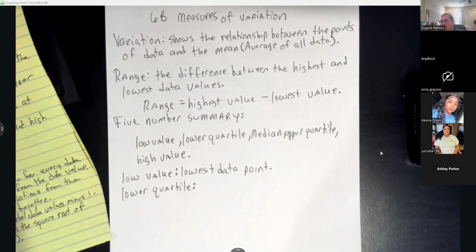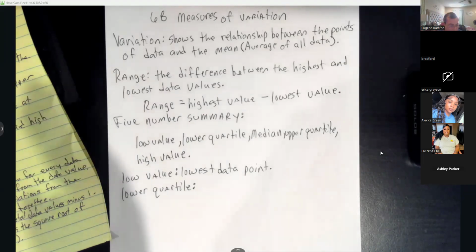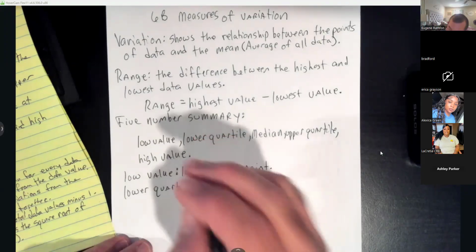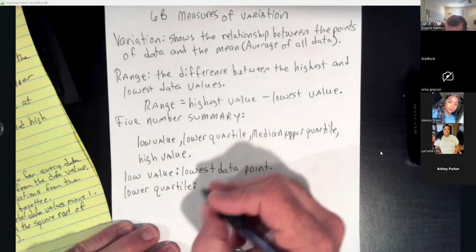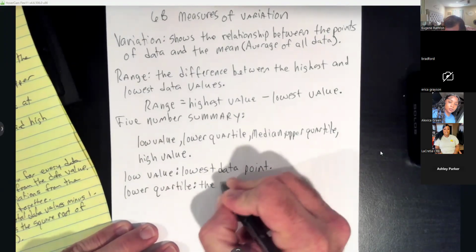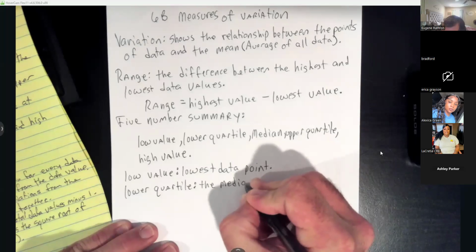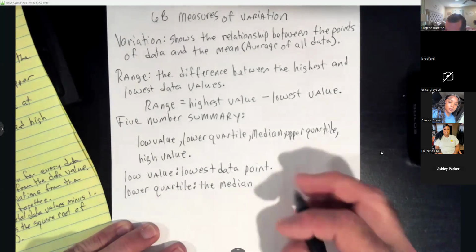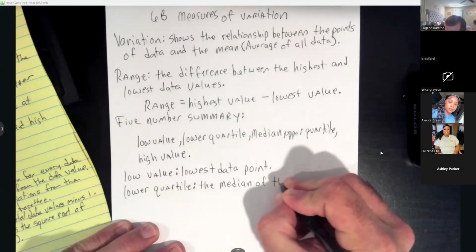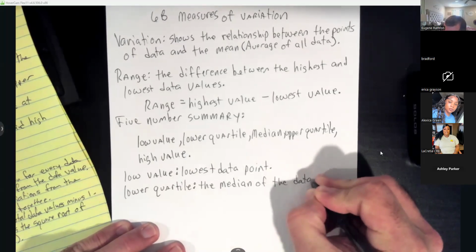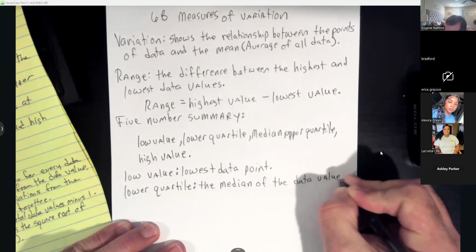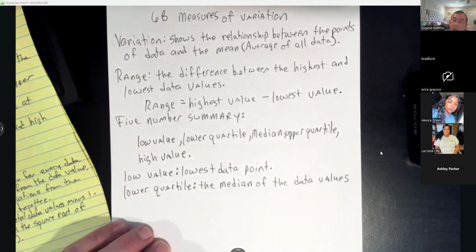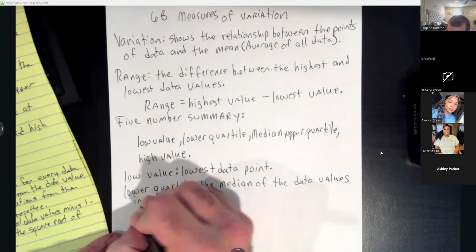And then from that point to the median would give you the second 25%. Okay. So to find the lower quartile, it's the median of the data values in the lower half of the data set.